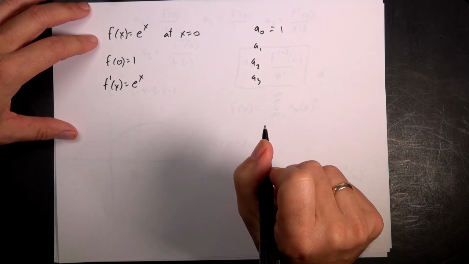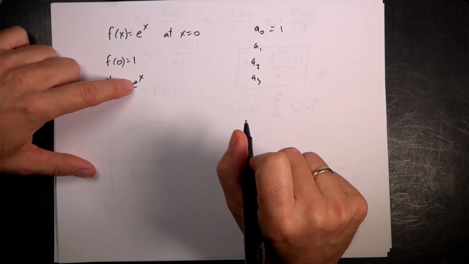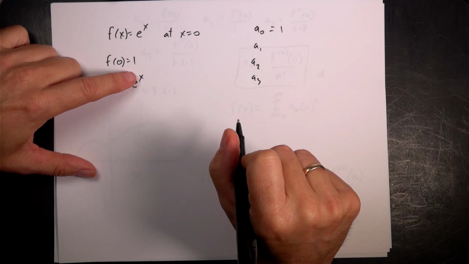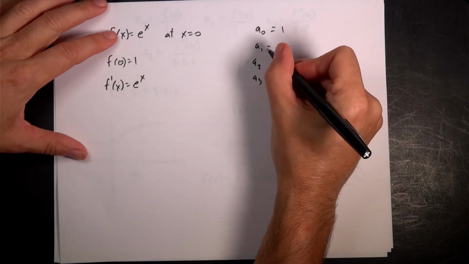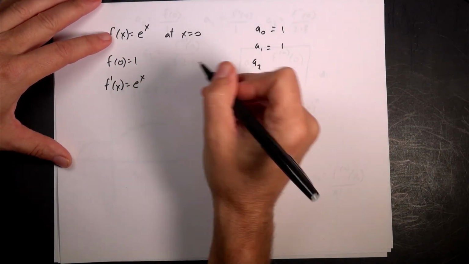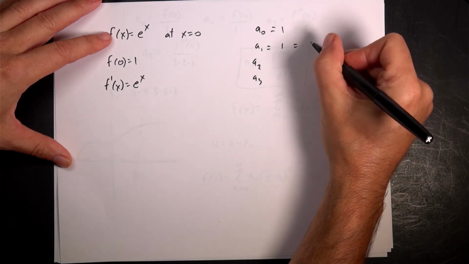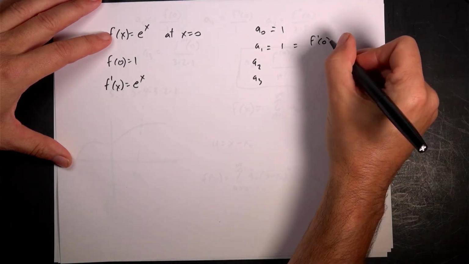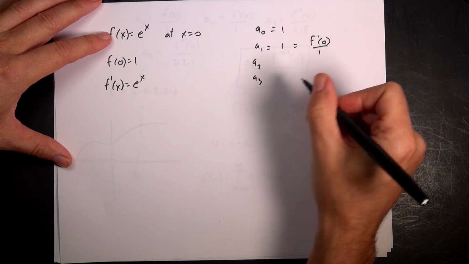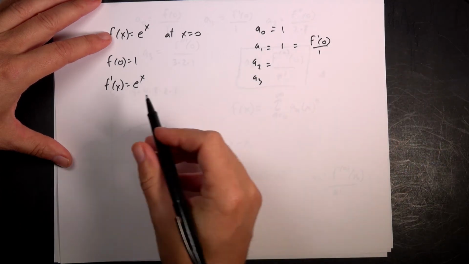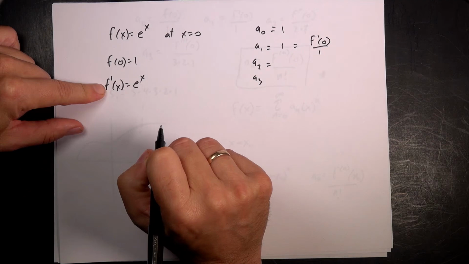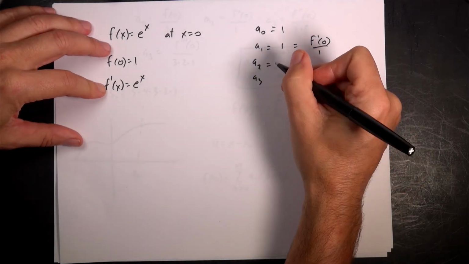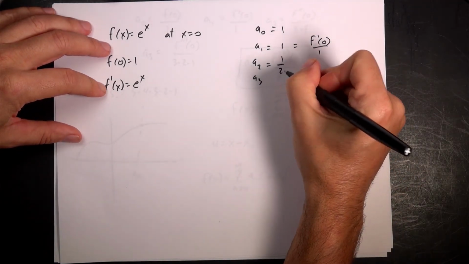This is actually really boring, you can tell. So if I evaluate this at x equals 0, I get 1. Because remember, a1 is equal to f prime at 0 divided by 1 factorial. Now this one I have to divide by 2 factorial. So I'm going to take the same derivative again. So I get 1, but now I need to divide by 2.